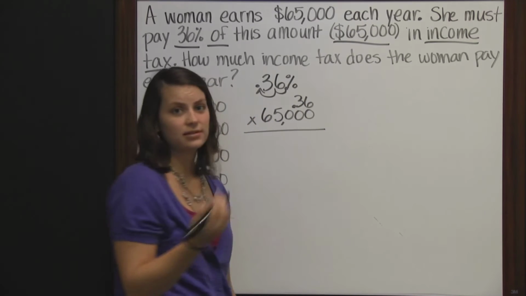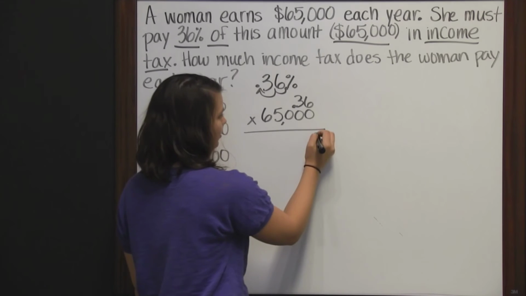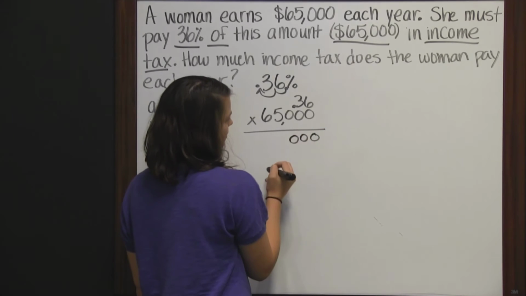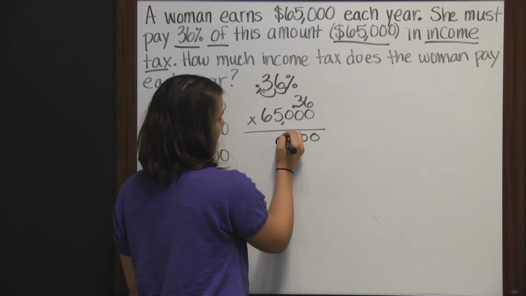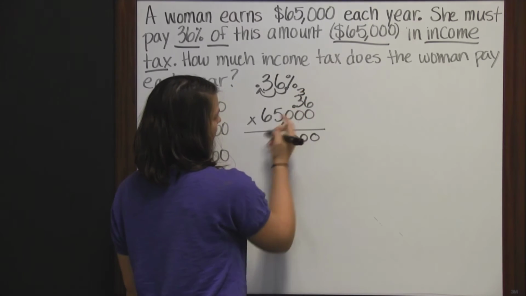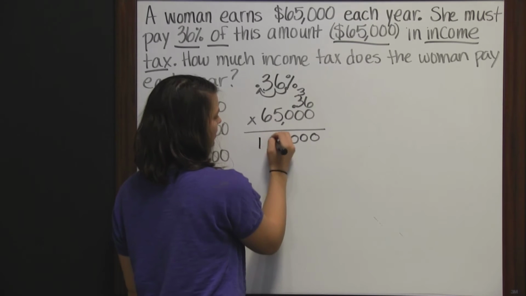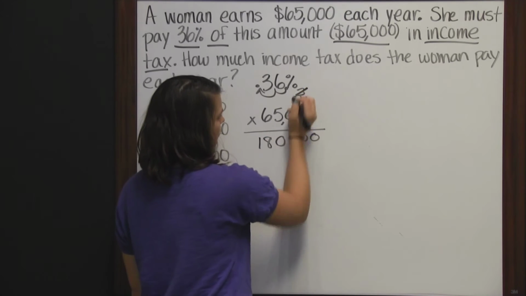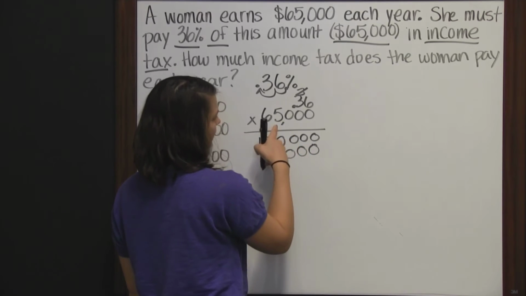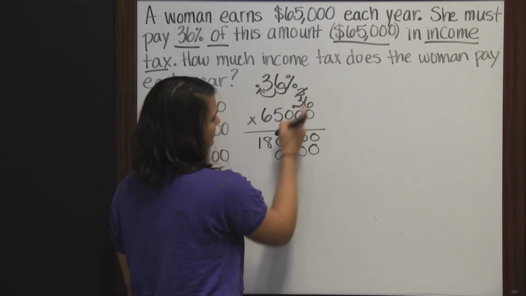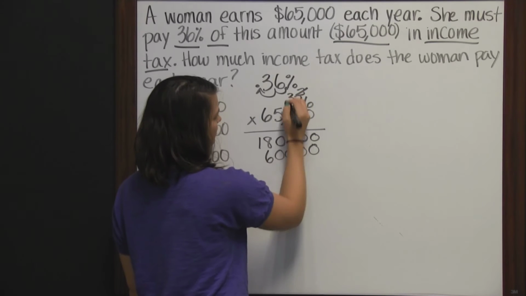So we'll start by just placing those 3 zeros. And then 5 times 6 is 30. Carry the 3. 5 times 3 is 15 plus 3 is 18. And then we have those 3 zeros plus a 0 for the 5. And 6 times 6 is 36.